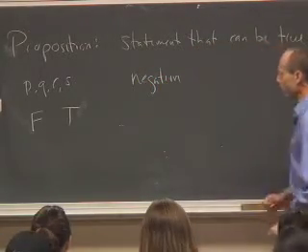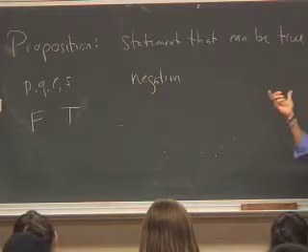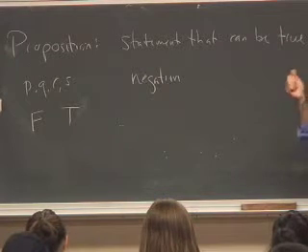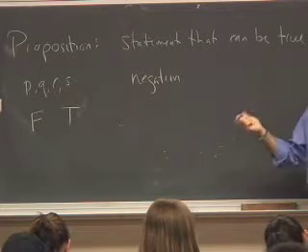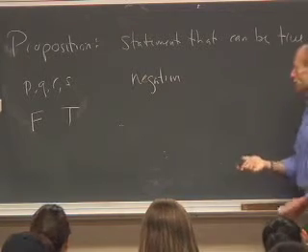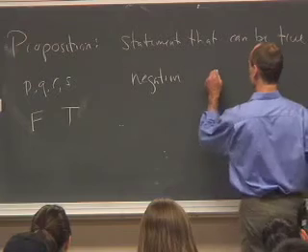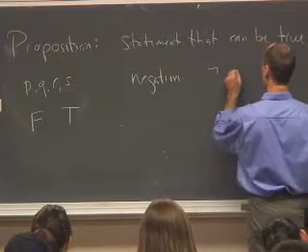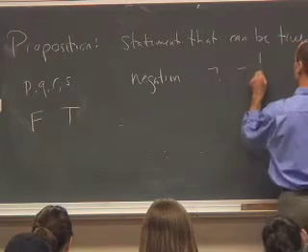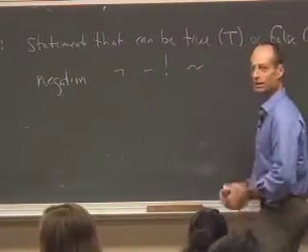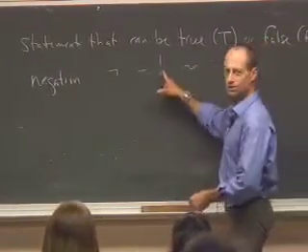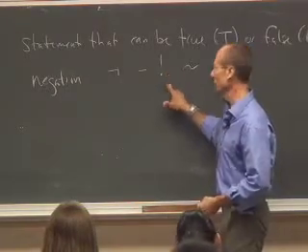Negation takes a single argument. It operates on one proposition at a time, and basically it turns false into true and true into false. For the symbol for negation, you sometimes see minus, an exclamation mark, or a tilde. We're going to use the exclamation mark almost always.